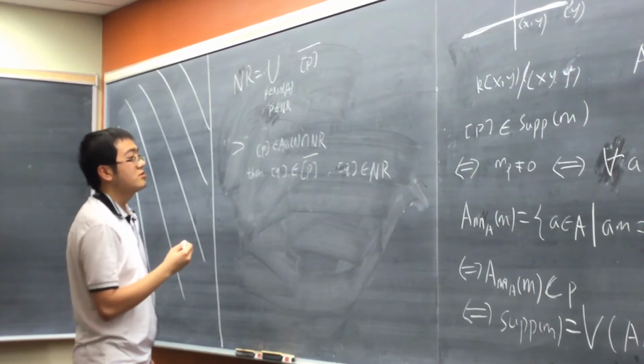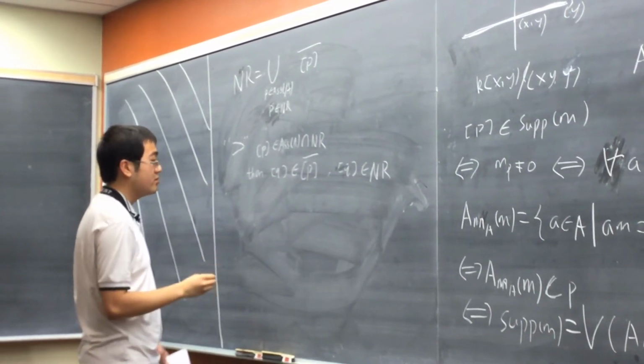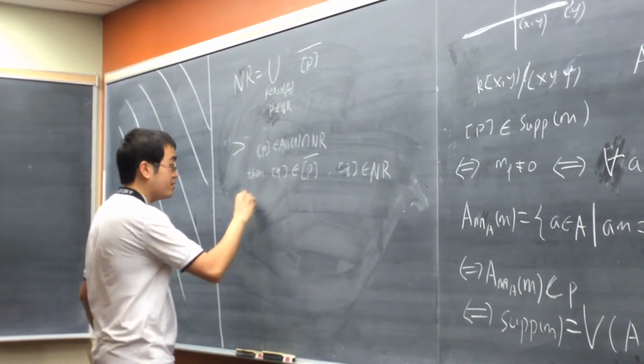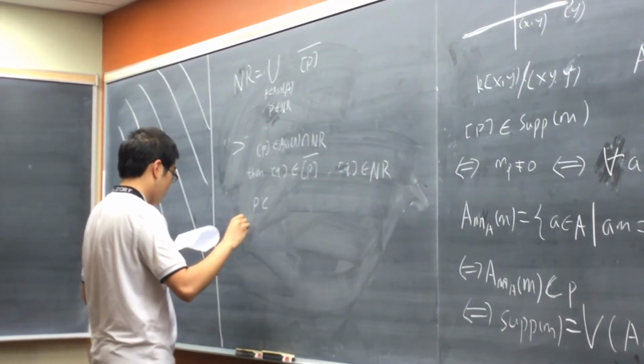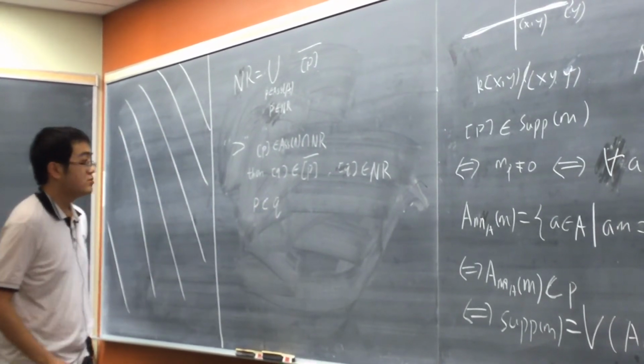So if Q is a point in this closure, that is the same thing as saying that P is a subset of Q.